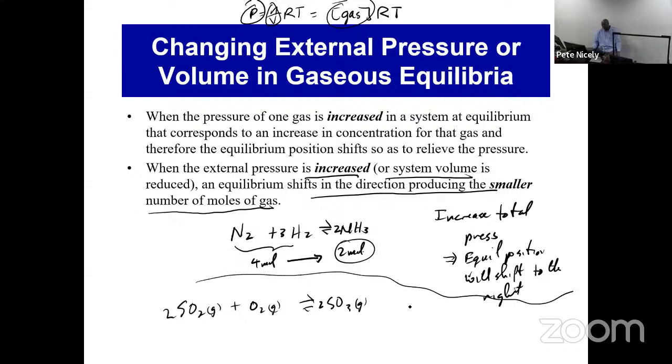Let's say in this case, you are decreasing the total pressure. My question to you is, how will the system respond? Will the equilibrium shift to the left or shift to the right? And let's hear your explanation.